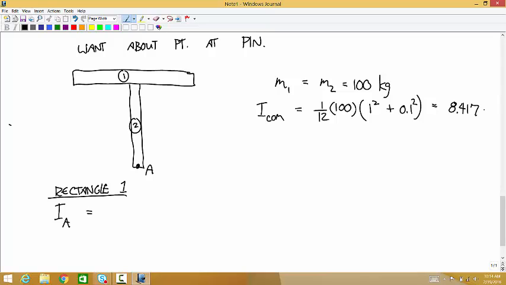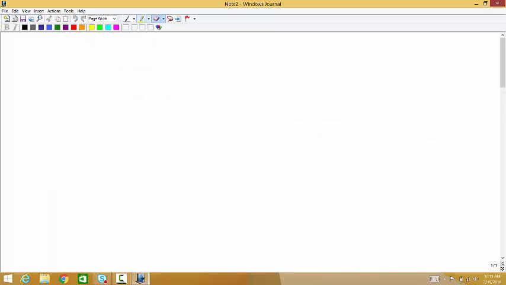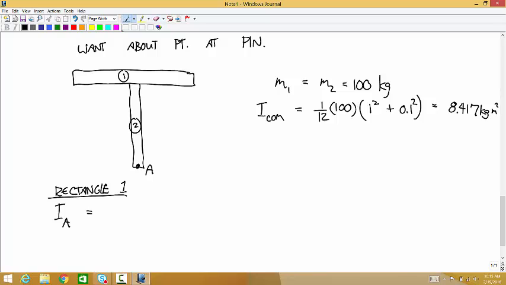And that's kilogram times meter squared. Okay, so the moment of inertia about this point A that we want is equal to 8.417 plus md squared. So the mass is 100.